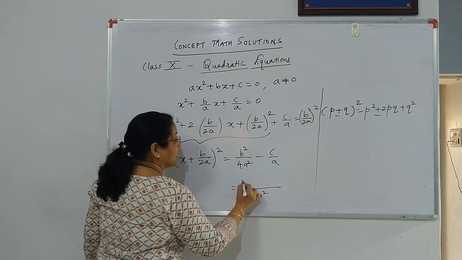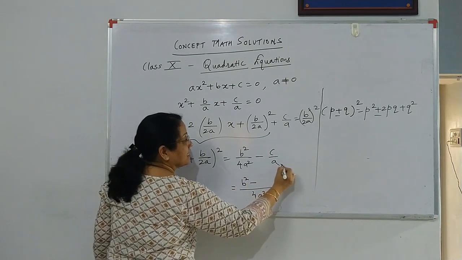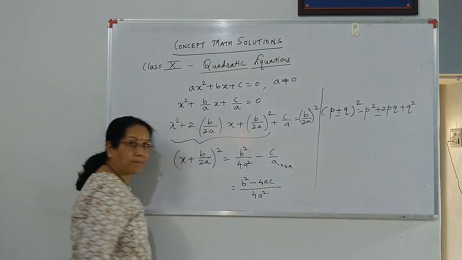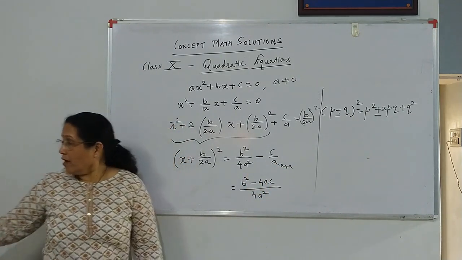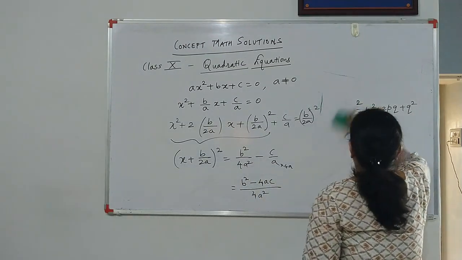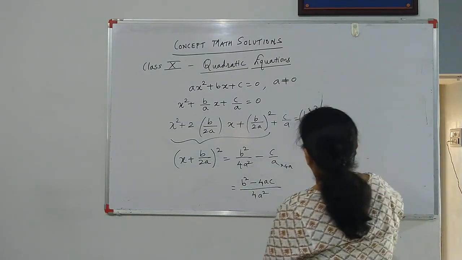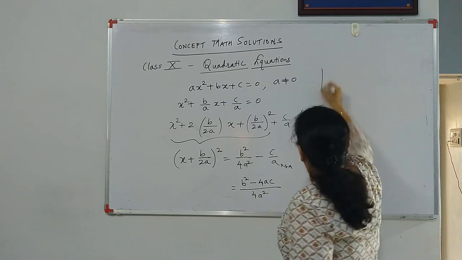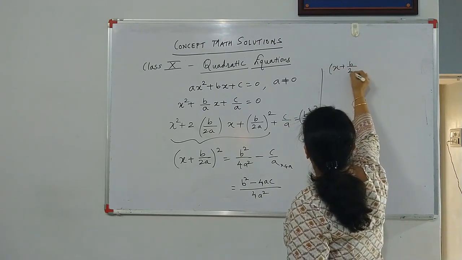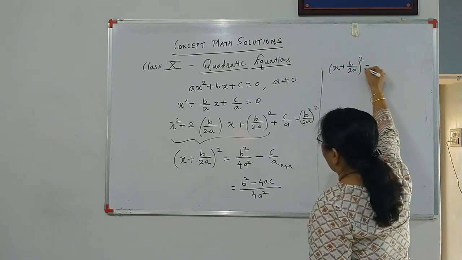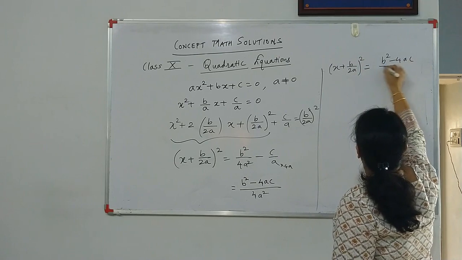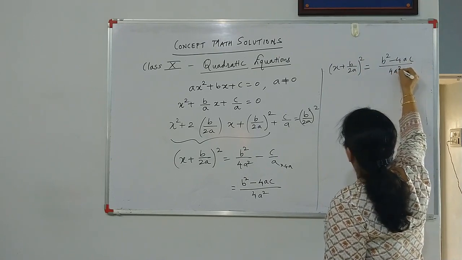So this will be b square minus, this is into 4a, so minus 4ac. Right? So now I have x plus b by 2a whole square as b square minus 4ac upon 4a square.